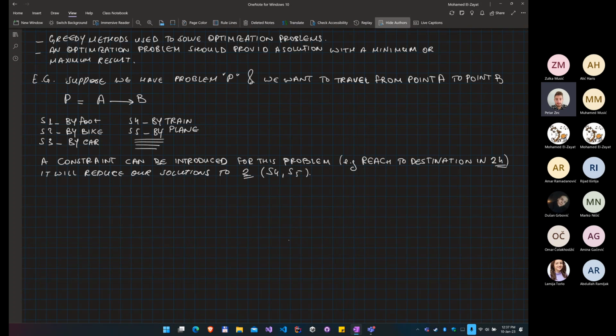Now, here is a terminology: if solutions satisfy the constraints, they are called feasible solutions.